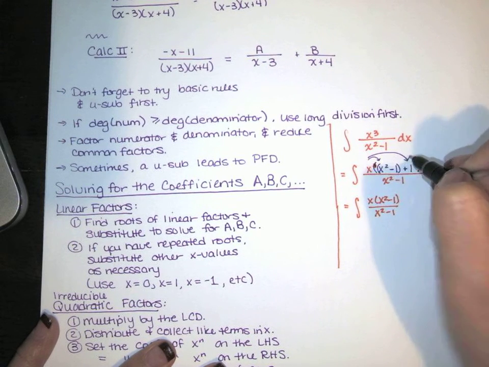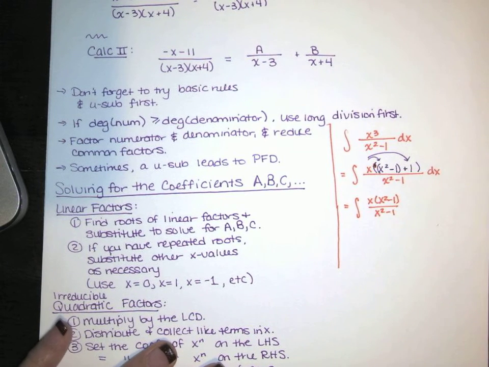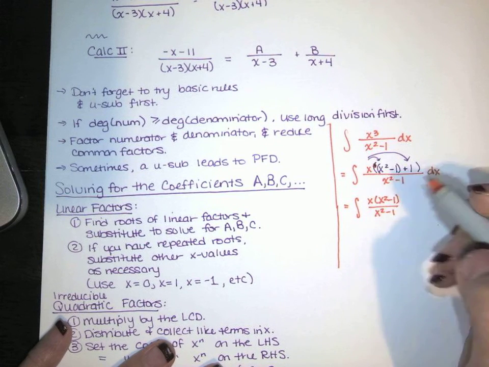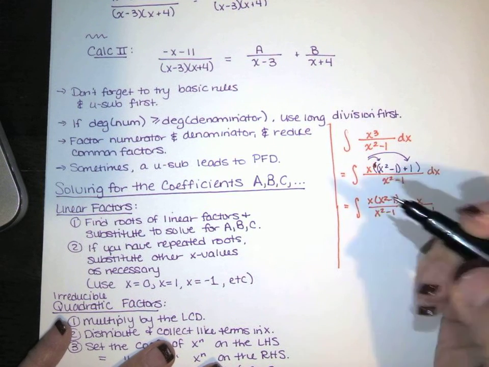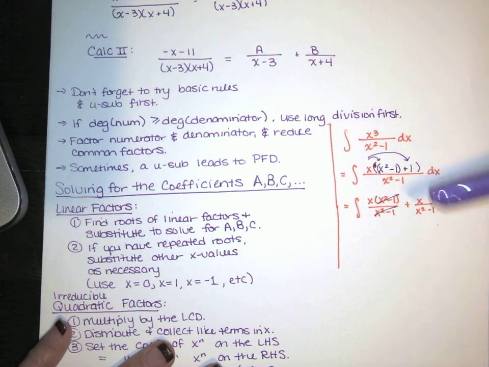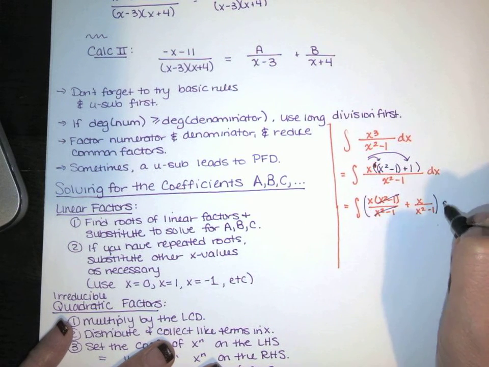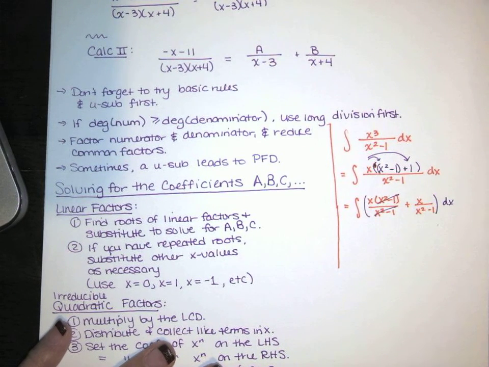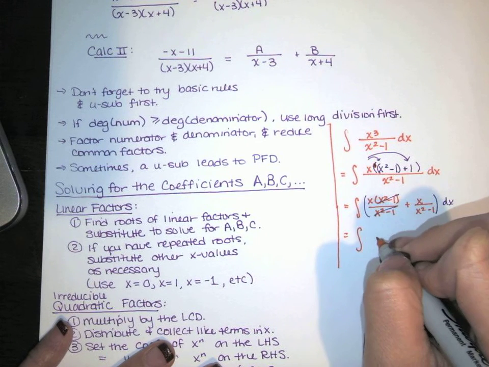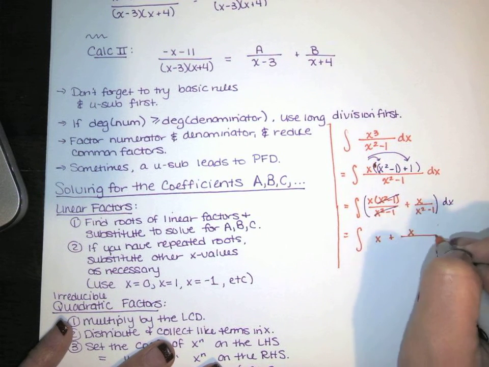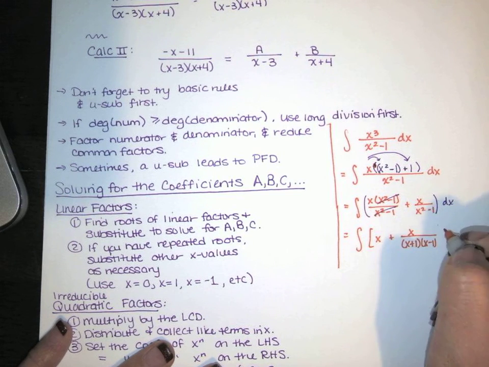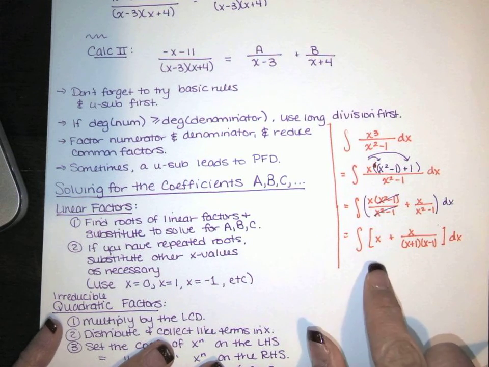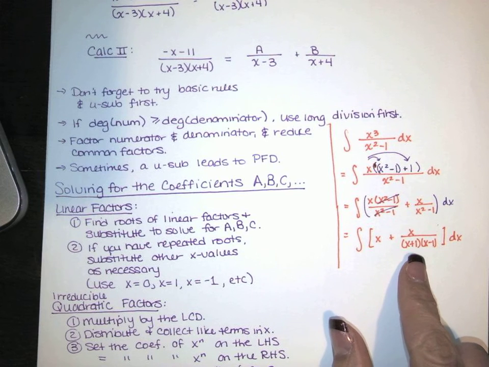And then if I distribute that x, I also have an x over x squared minus 1. And then these guys reduce, and I'm left with this. And I can factor that to x plus 1 times x minus 1. So I've got a basic rule for that, and then I can do partial fractions the traditional way over here.